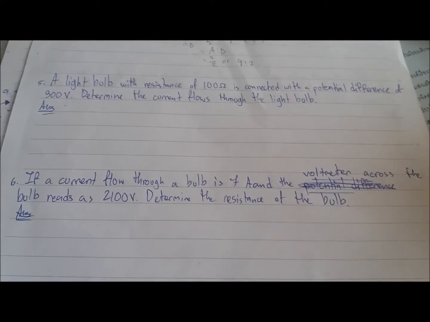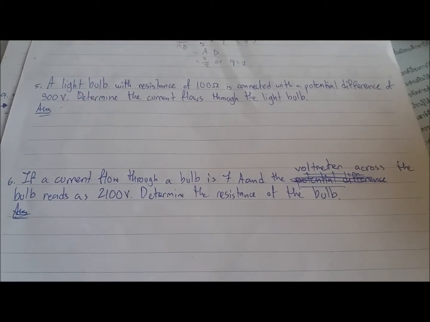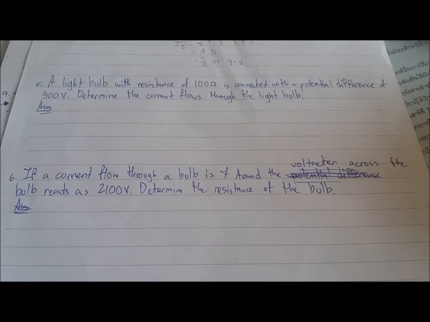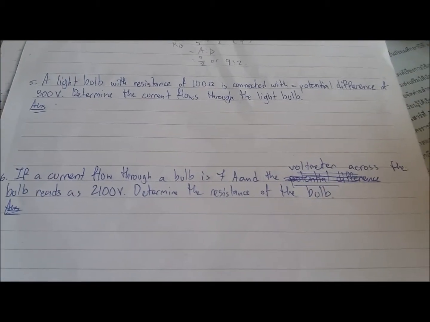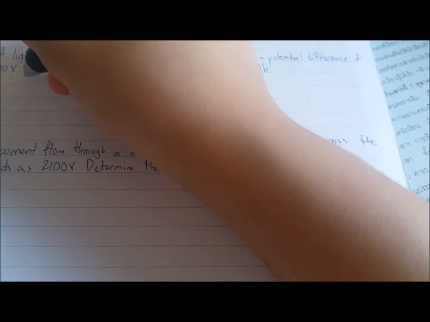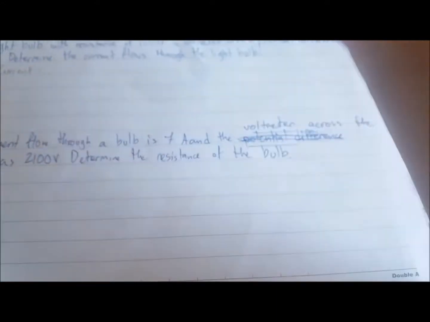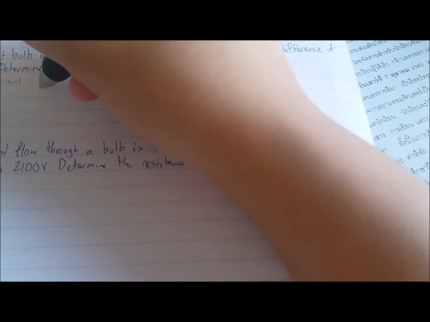For number 5, a light bulb with resistance of 100 ohms is connected to a potential difference of 300 volts. Determine the current that flows through the light bulb. For this question, we're going to use the formula for finding the current, which is current equals volts divided by the resistance.